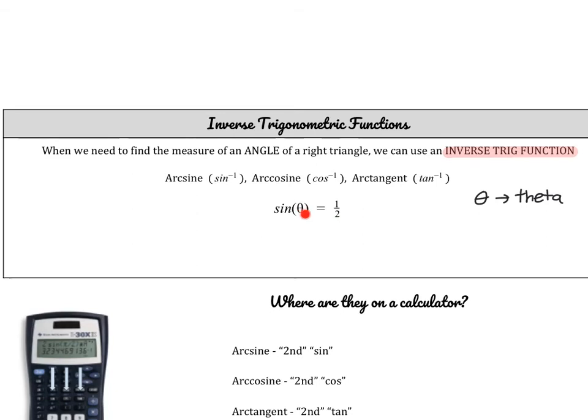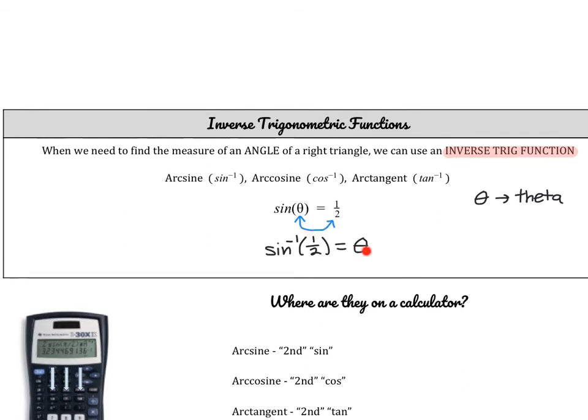But again, if we're trying to solve for theta, we need to use our inverse trig function. So what you do is you swap the angle and the value, and then we turn it to an inverse trig function. So we actually would say arcsine of 1/2 equals theta.